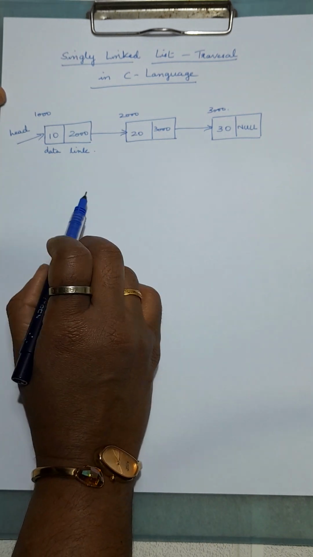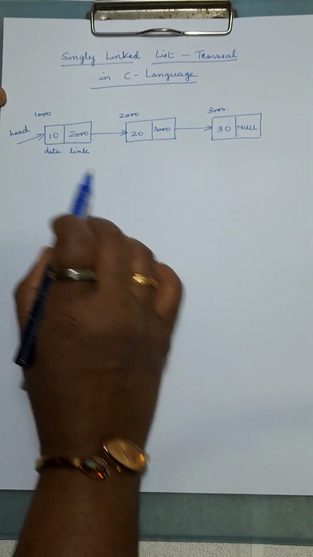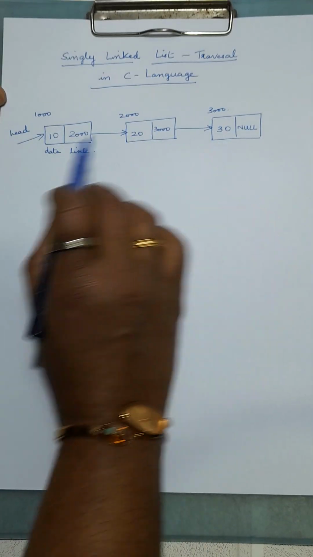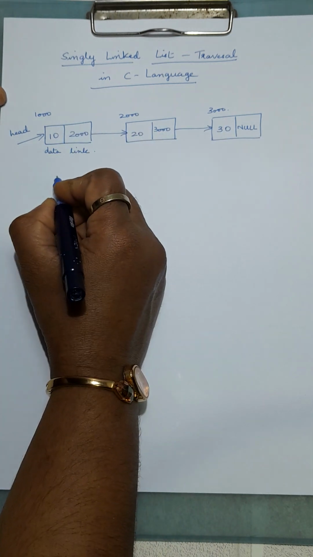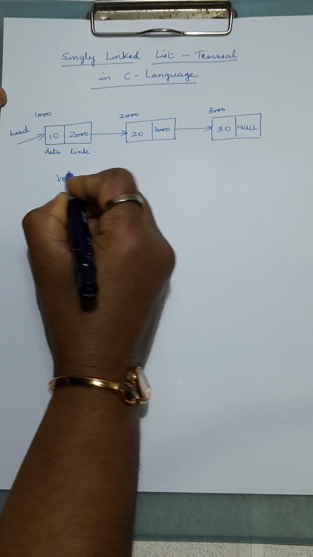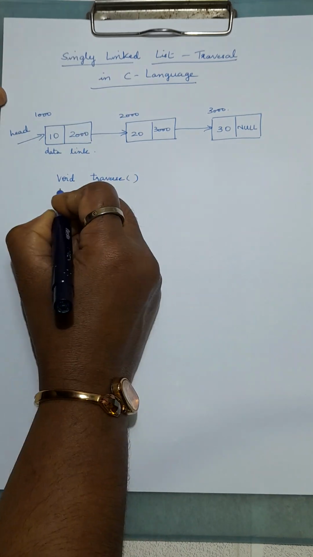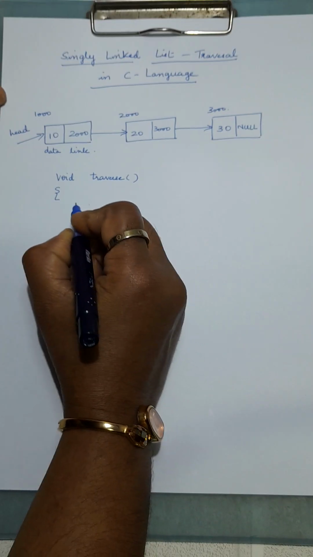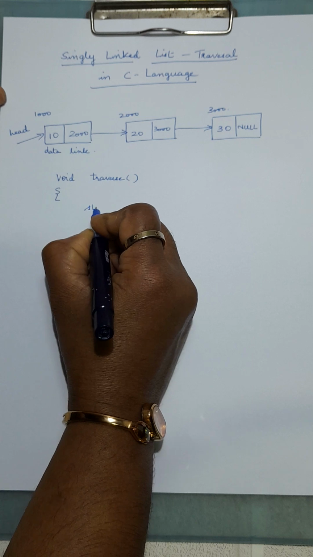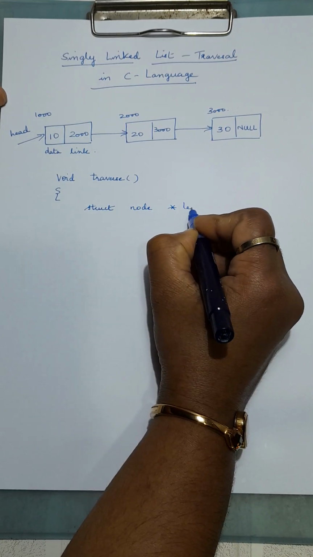Now we have to traverse the values within the nodes, which means the output after the traversal should be 10, 20 and 30, one node after the other. So let me write a function, void traverse, or display. Now I'll declare one more pointer, struct node star temp.